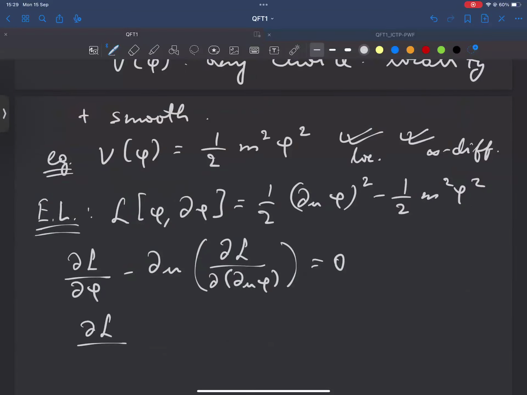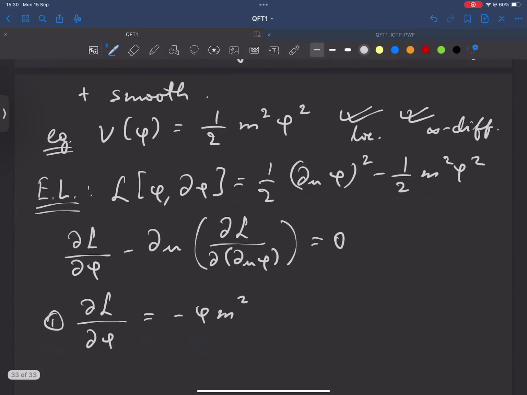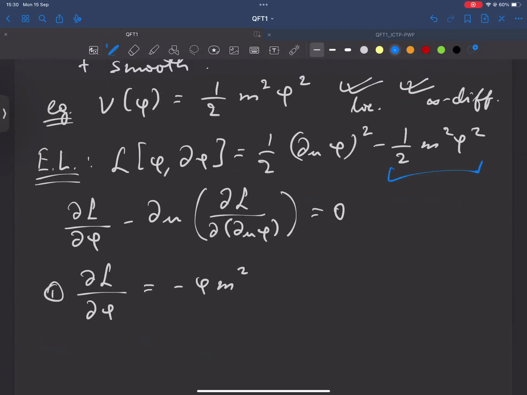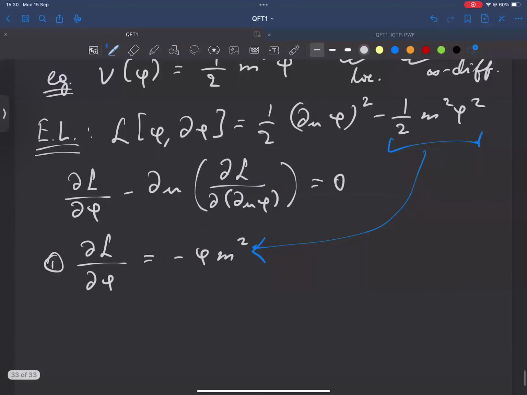Now, let us first compute the del L by del phi term. In this case that is just minus half m square, and the half goes away, so minus m square phi. That is the differentiation of this piece. Now let's compute del L by del del mu phi, and that is precisely this piece.